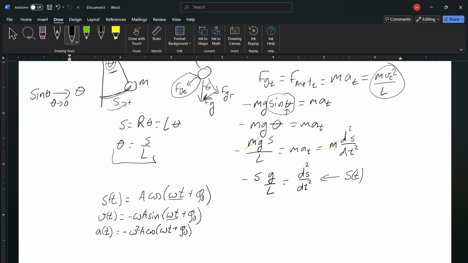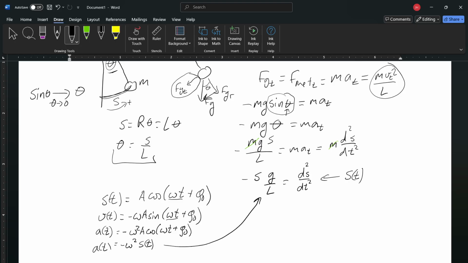Okay. So this equation is now the same thing as S of t, except I have a negative omega squared out front. So as long as I have an omega squared that equals something out front, then I'm done.